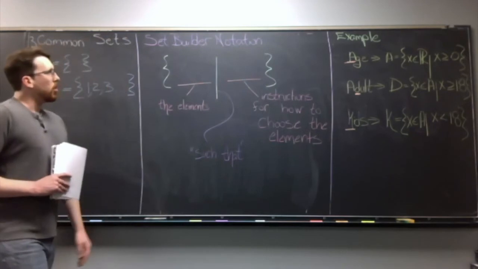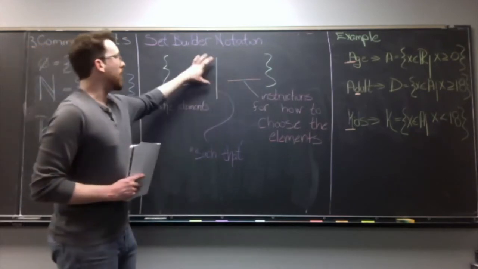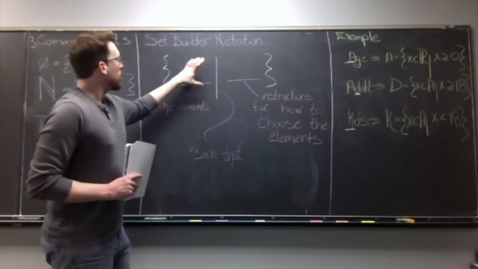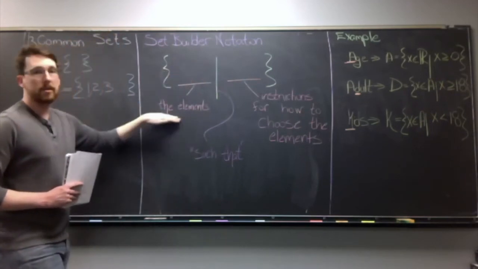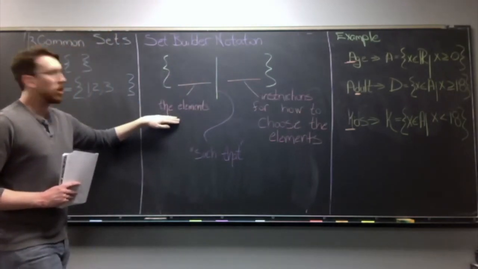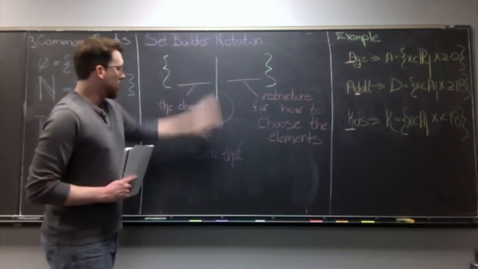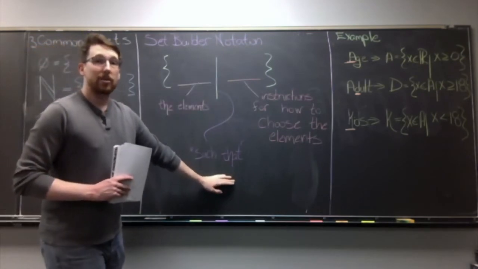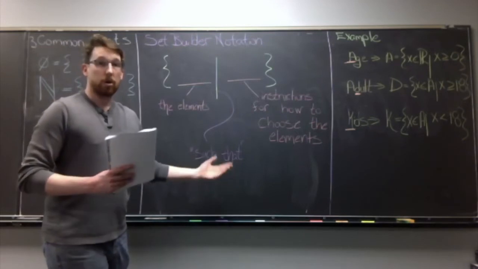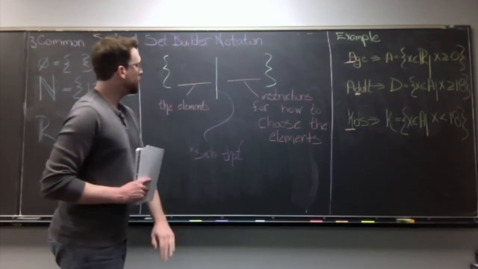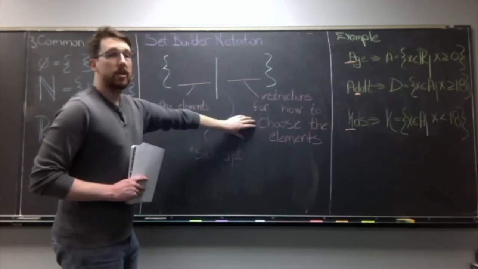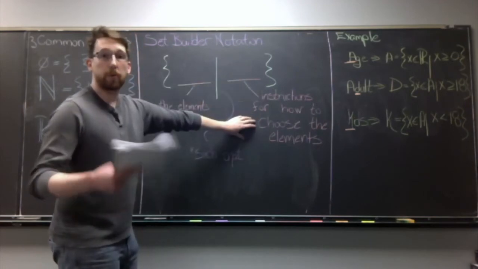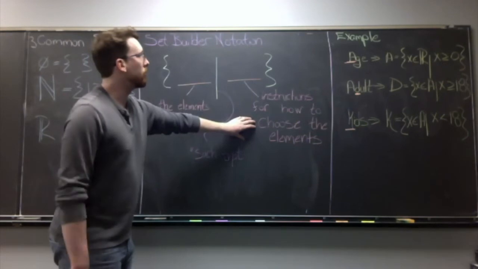From there, we've got these two parts divided by a line. This first part is going to tell us what our elements are. This line is just the math notation for the term "such that." And the second part is the instructions for how to choose the elements of our set.